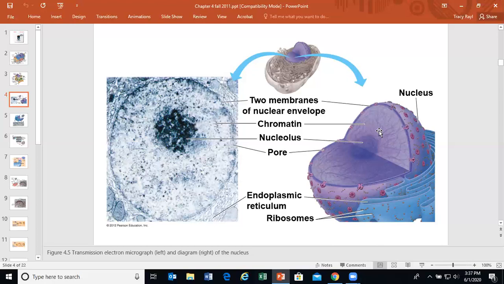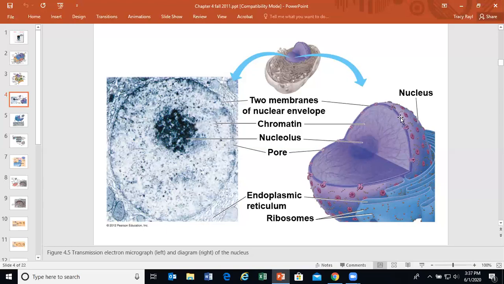It would be almost like taking a ball of yarn and you just unwind it and you have this big, huge mess, and you can't see, if it's 30 pieces, where one piece ends and one piece begins. You can't tell. So that's DNA in the state of chromatin. We call that uncondensed DNA. In this class, you're going to learn about 6 different terms for DNA. That's your first one, chromatin.